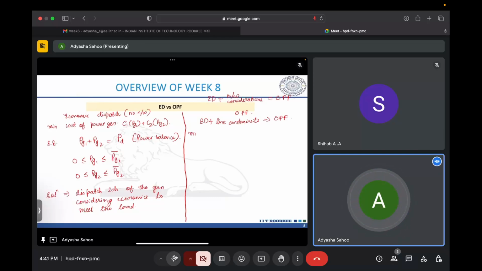So here we can have a variety of optimization objective functions. It can be cost minimization, depending upon your application. It can be loss minimization.